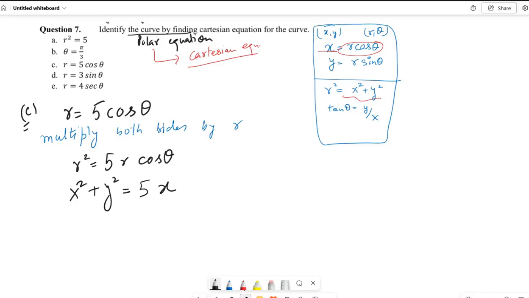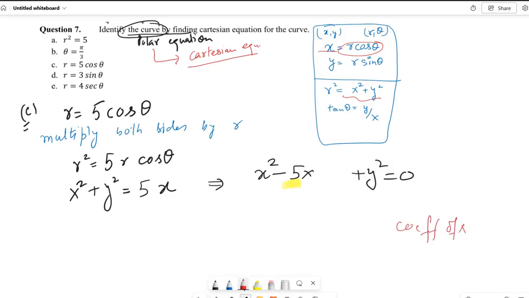So we're almost done. But from just looking at this, I don't know what the curve is. We need to identify the curve also, right? So I'm going to try to make this into a special curve by doing the perfect square technique. So I subtract 5x on both sides. The perfect square technique is, look at the coefficient of x. The coefficient of x is 5, half it, and square it.